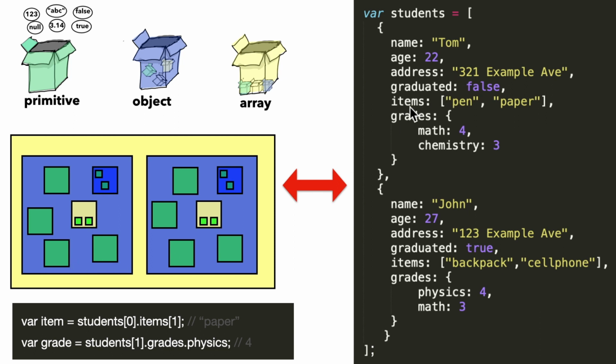One of the boxes was an array, so it's this one, see? And the array also has 2 primitives within it, so we put 2 ordered boxes within it. And this student Tom also had an object of grades. So this is grades and it has math and chemistry within it.